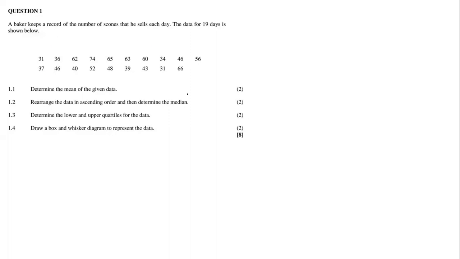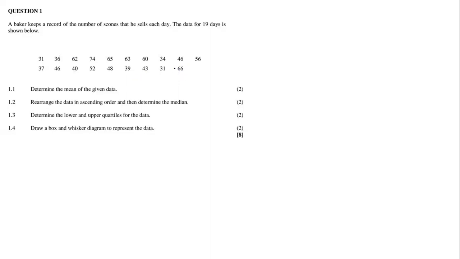The data that we see over here is the number of scones a baker sells. So this baker took a total of 19 days selling these scones, meaning there is a day whereby he sold 31 scones, there is a day whereby he sold 36 scones, and so forth, until 19 days.